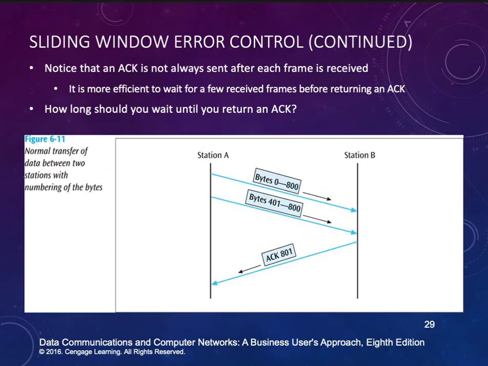Here we see that the acknowledge is not always sent after each frame is received. Bytes 400 to 800 are sent, and it's only acknowledged at 801.